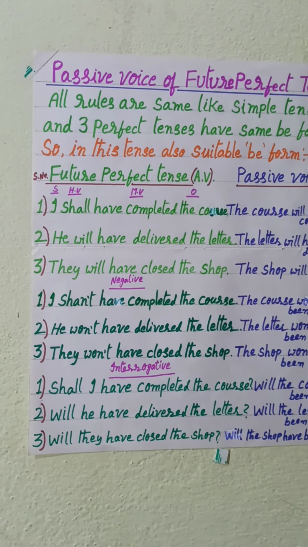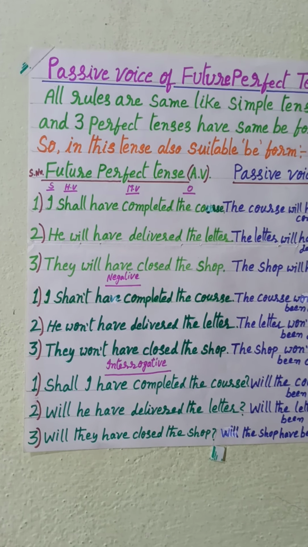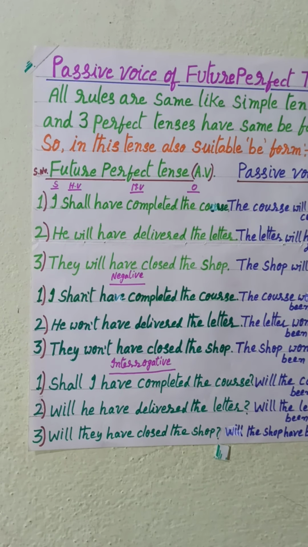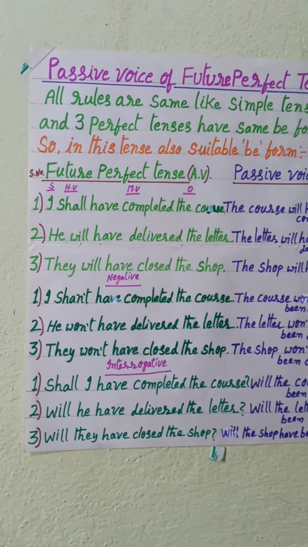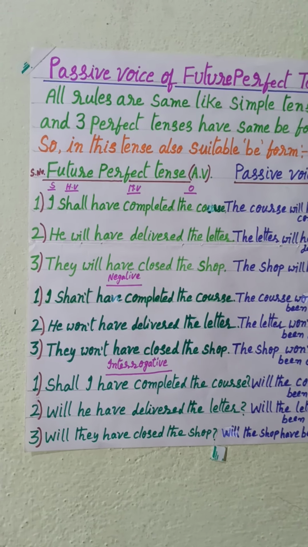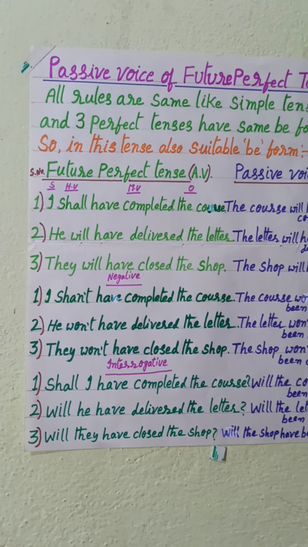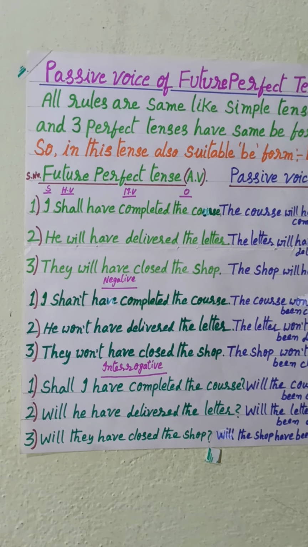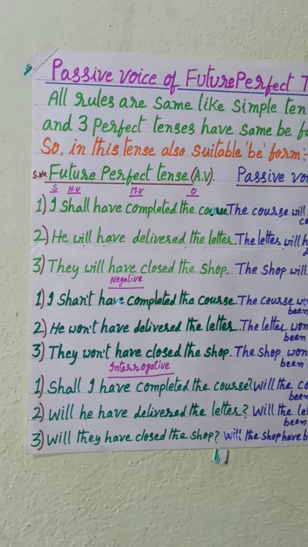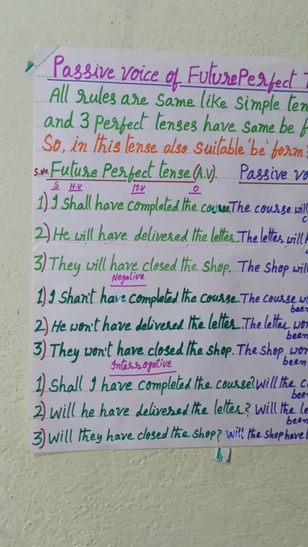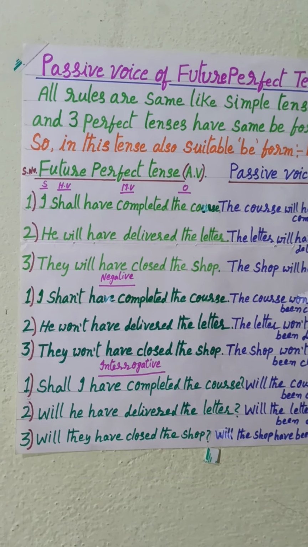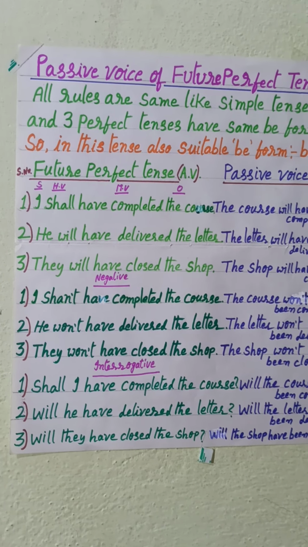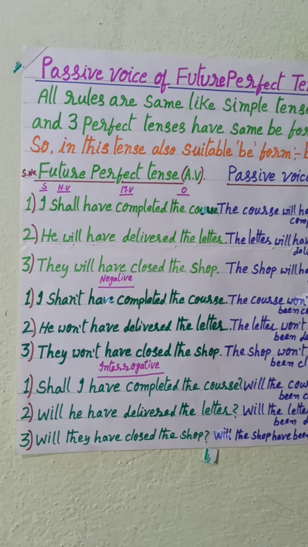If we want to change to a negative sentence, we write not after the helping verb in the active voice and passive voice. For example, serial number 1: I shan't have completed the course.